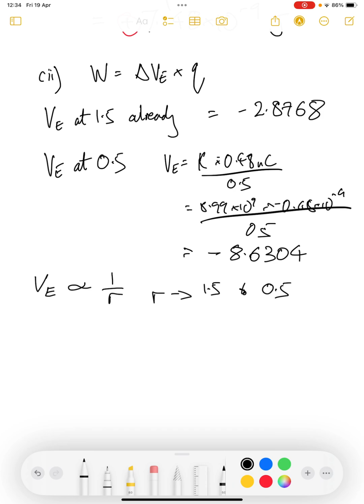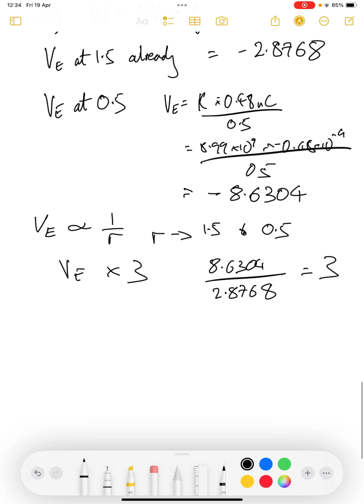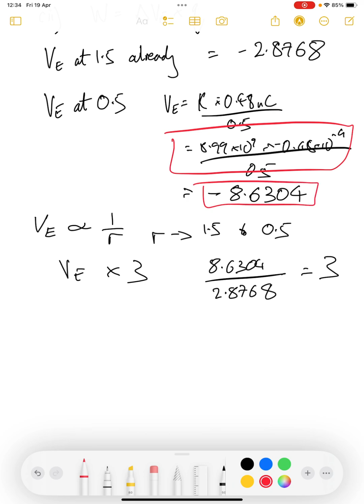So actually, as this is getting 3 times as small, our VE will go 3 times as big. And actually, if you do the sum of 8.6304 divided by 2.8768, it is indeed 3. But of course you can just work through that calculation to get to the potential volts at 0.5 meters.